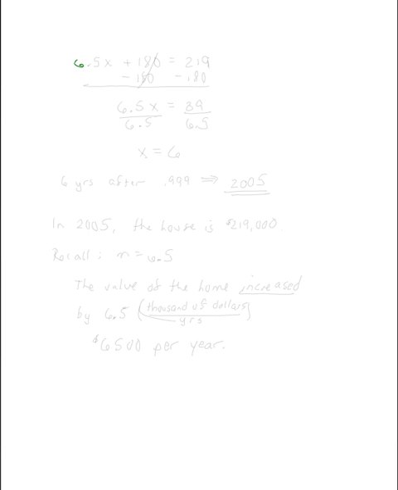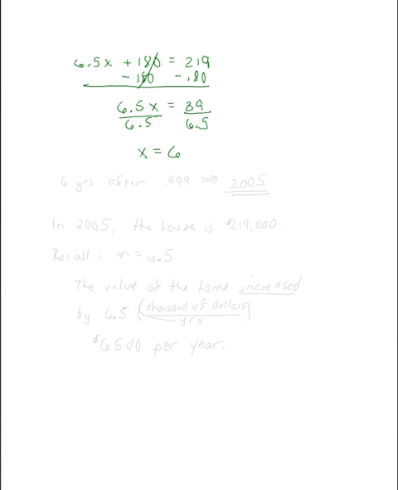So continuing, 6.5x plus 180 equal to 219. We can now solve our linear equation, subtracting 180 from both sides. So we have 6.5x equal to 39. And now dividing both sides in order to solve for our variable, we get that x is equal to 6.